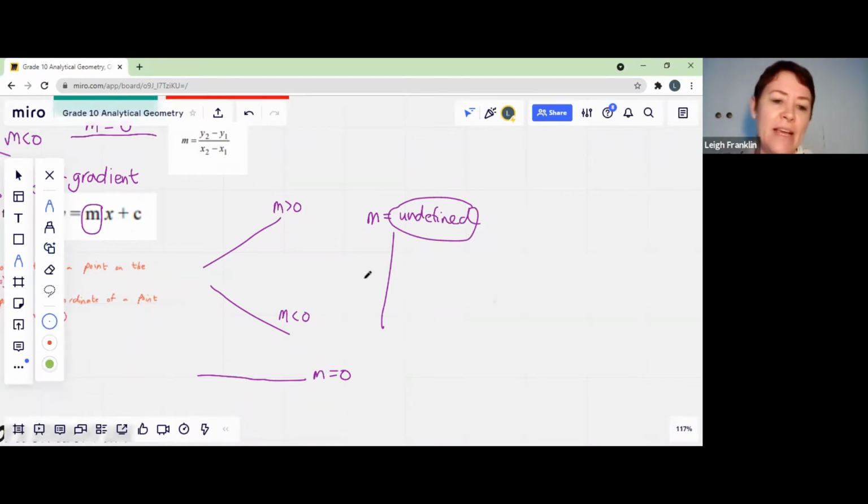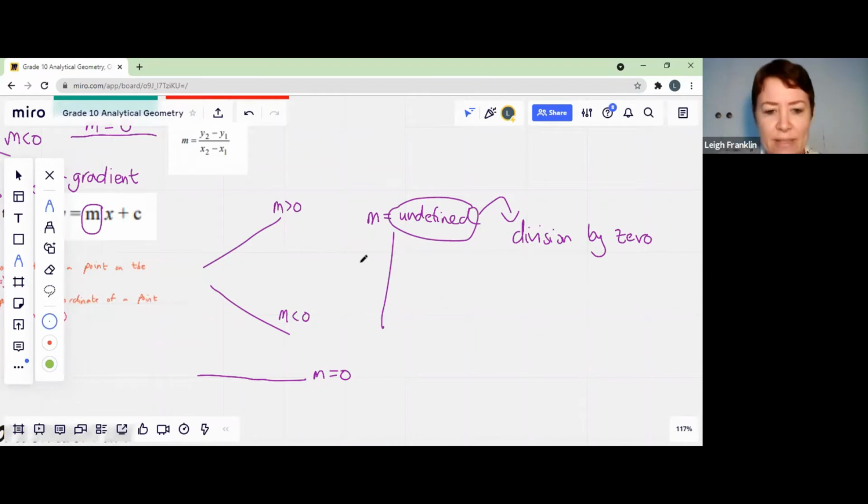If something is undefined, it means that division by 0 has taken place. So it's not possible to define a value, because it's not possible for us to divide by 0.